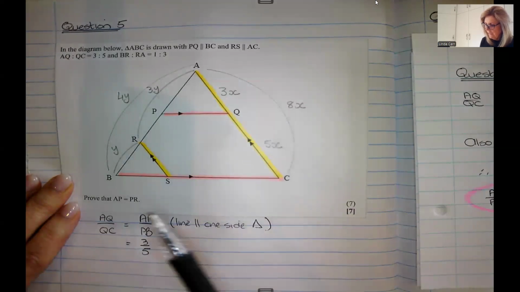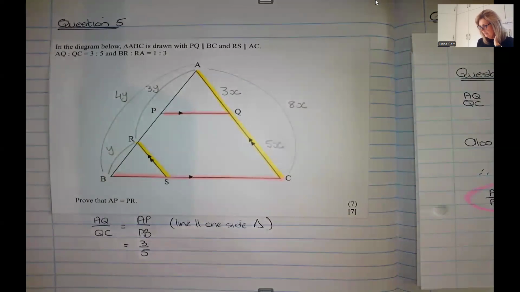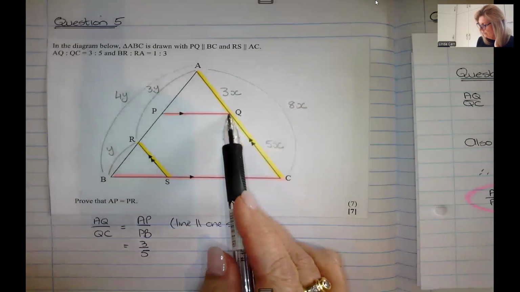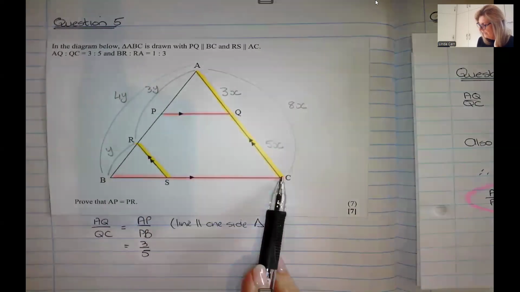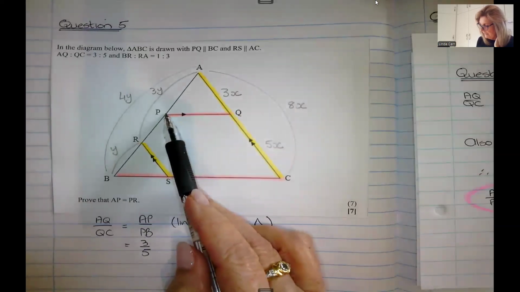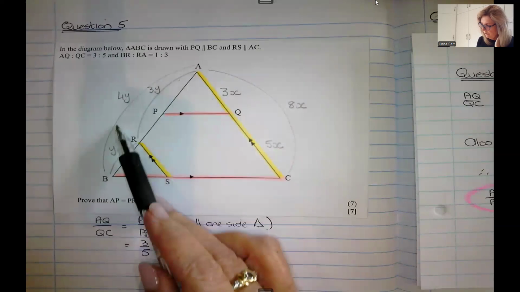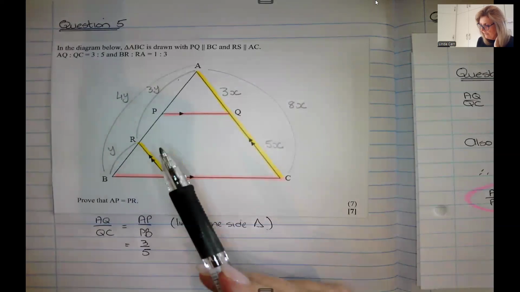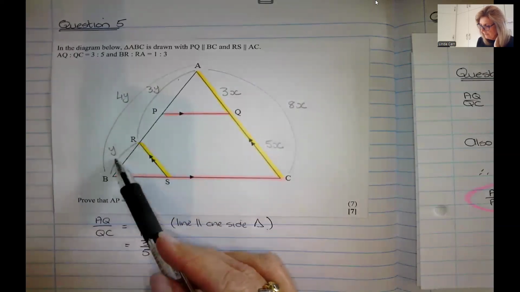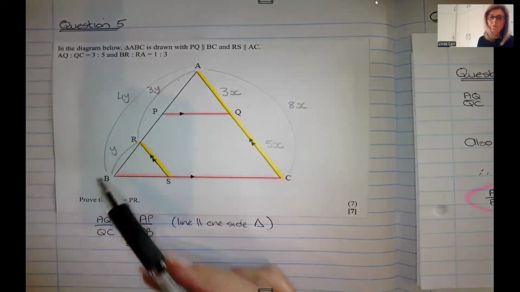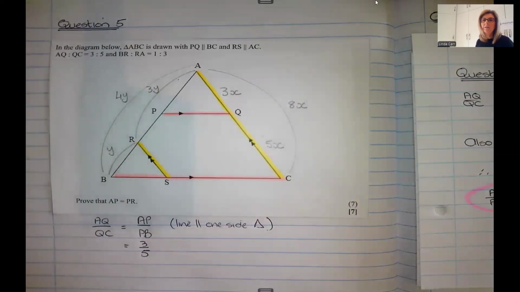So y in terms of x, I suppose, because I'm saying AQ over the whole of AC is the same as AP over the whole of AB, and therefore this little piece at the bottom, RB over here, which is a single y, could be written differently in terms of x.